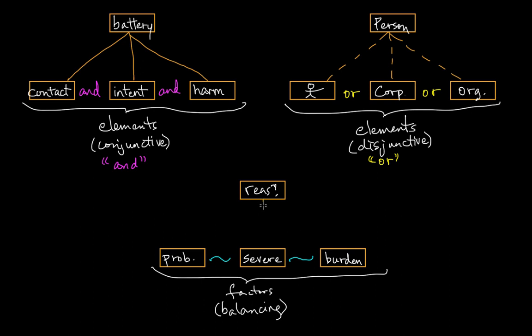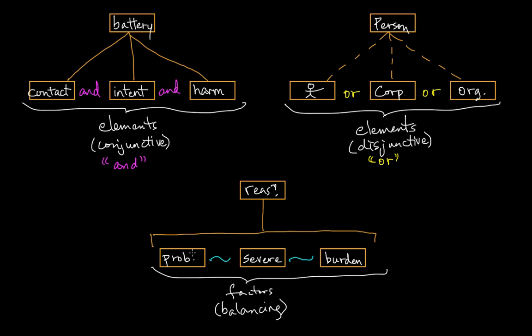So let's indicate that by drawing sort of a bracket around all the factors. This will indicate that we have to consider all the factors, but we consider them all together. We weigh them. We look at the probability, we look at the severity, and we look at the overall burden. So for example here, let's say that the probability of an injury is extremely high.